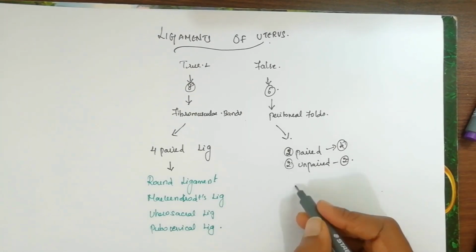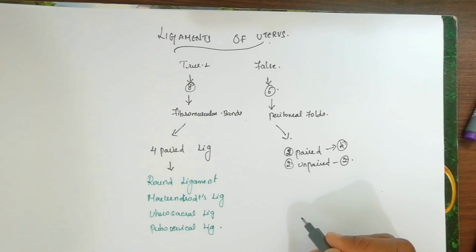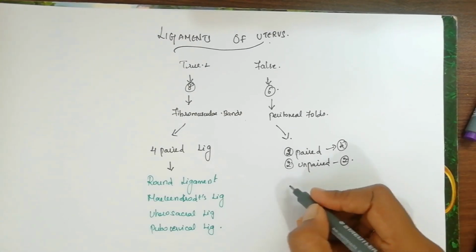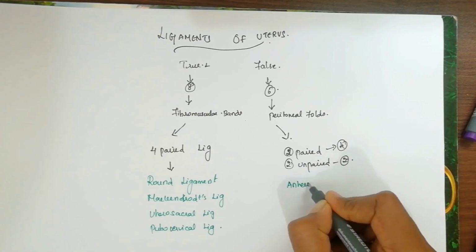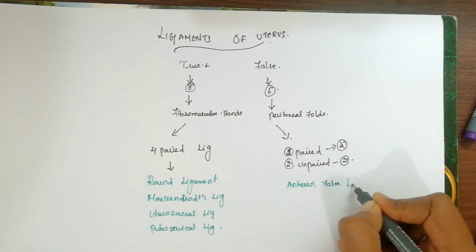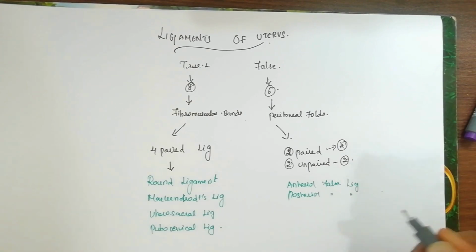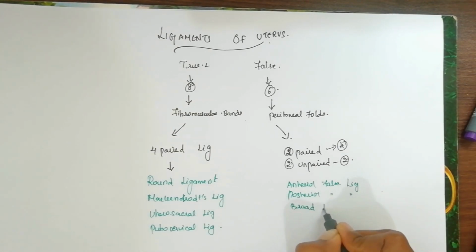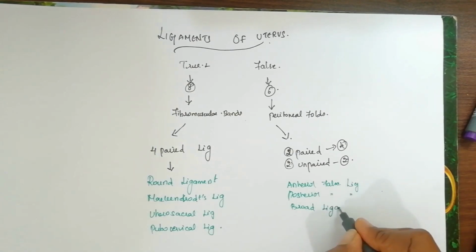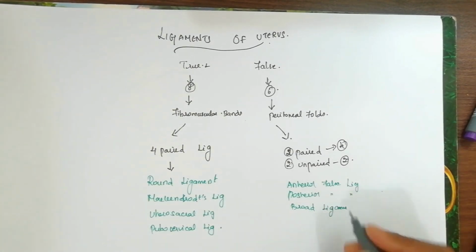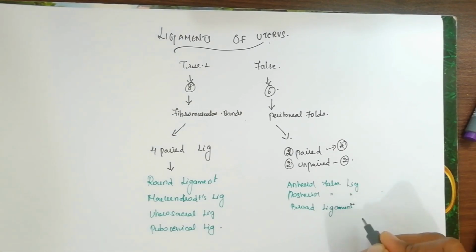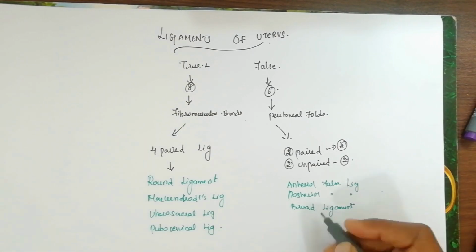And then talking about the unpaired, we have again some folds, that is the anterior false ligament, the posterior false ligament, and we have the broad ligament, and along with this we have some ligaments which connect the uterus with the rectum.